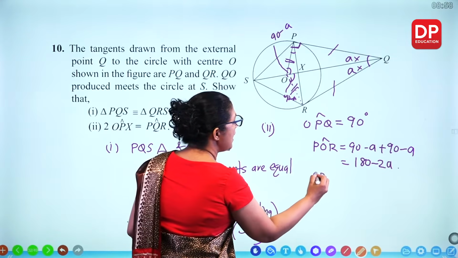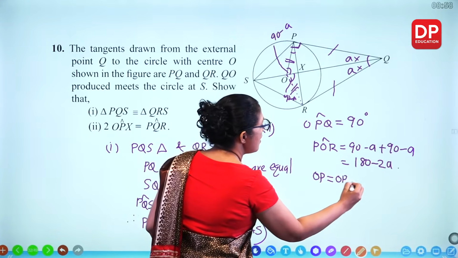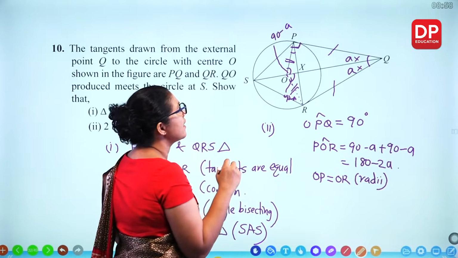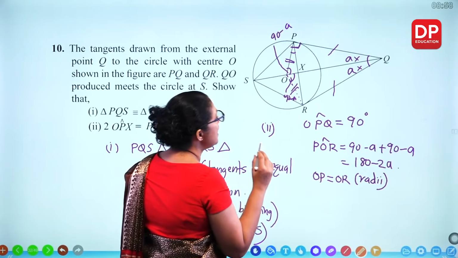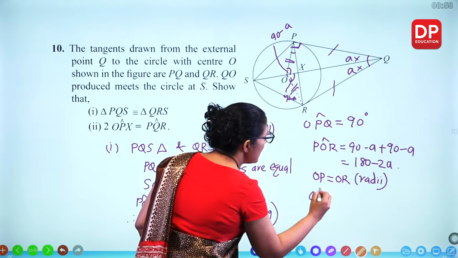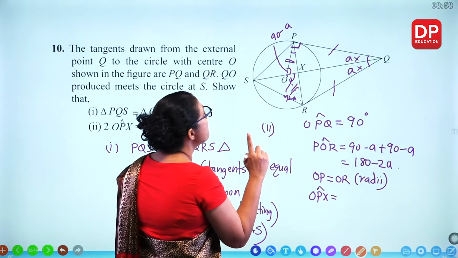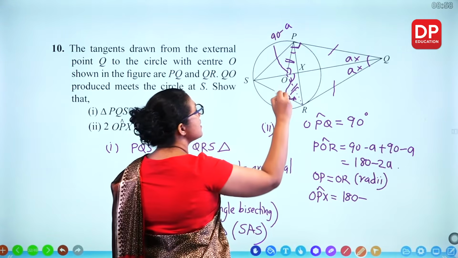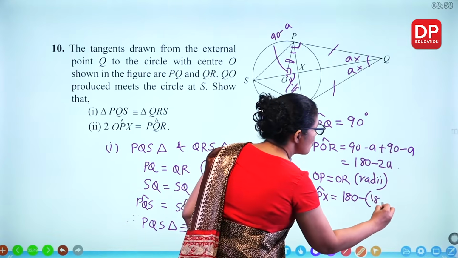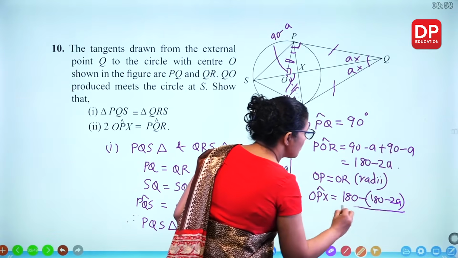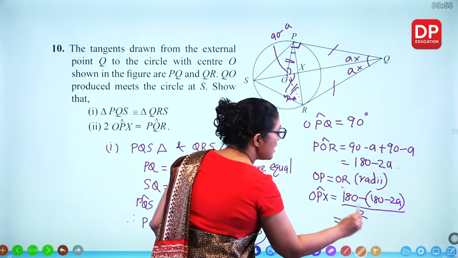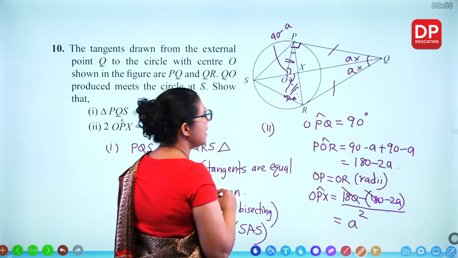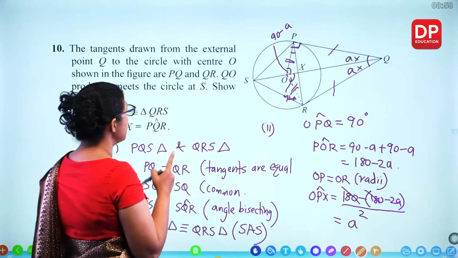So OP is equal to OR, radii. You get an isosceles triangle. So what is angle OPX? Angle OPX is 180 minus 2A divided by 2. 180 gets cancelled out. 2A divided by 2, you get A. So angle OPX is A.